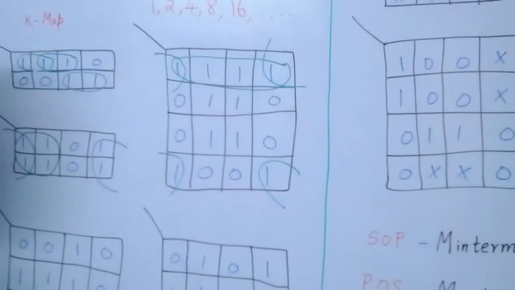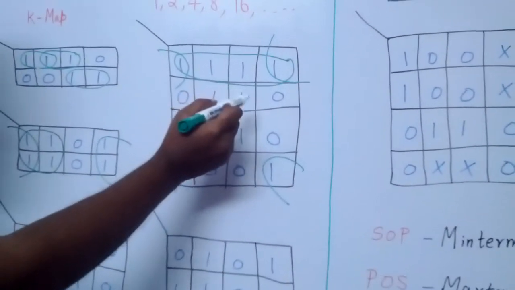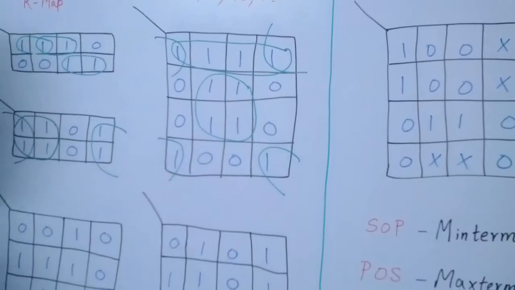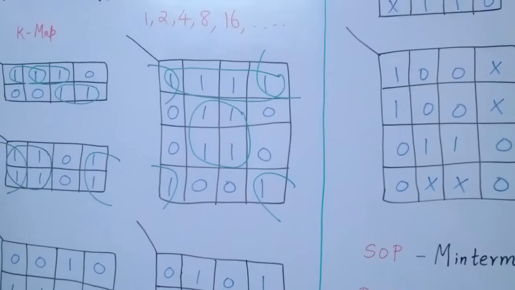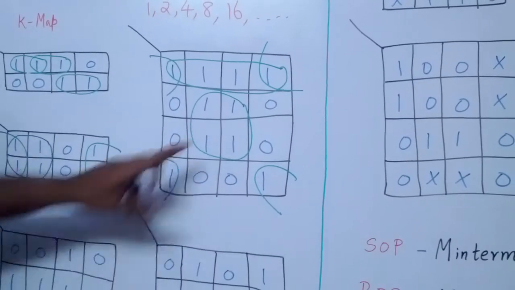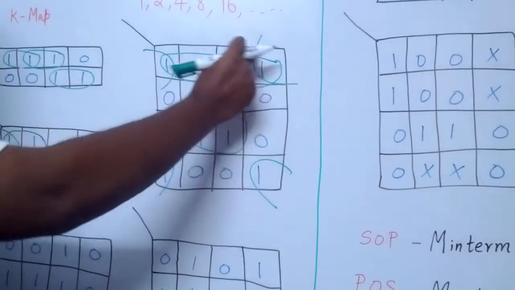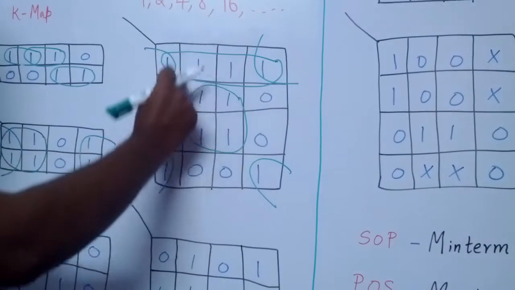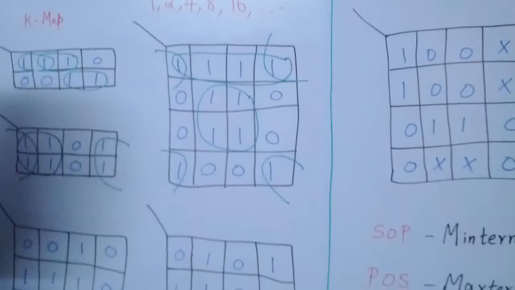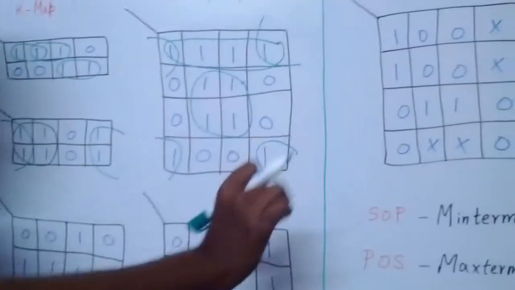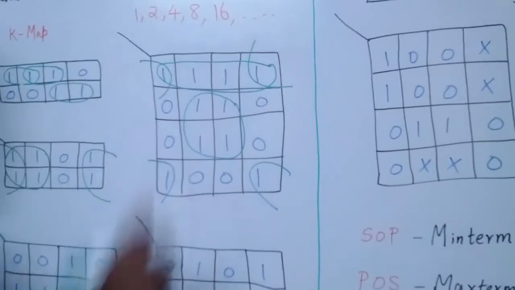And then this 4 ones. Right? These 4 ones. Alternative is this can be eliminated and we can group these 4 ones. That is also possible. This one row group is not necessary. We can group these 4 ones. Clear? Next.